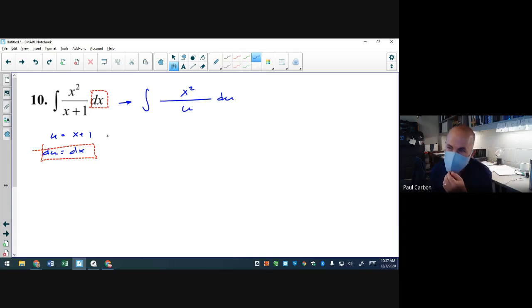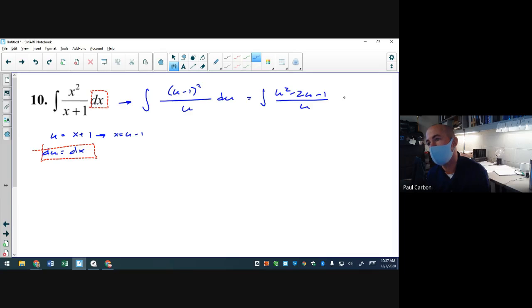But you could substitute U minus 1 in for X and make this U minus 1 squared, right? Now, to make this work, you're going to have to expand the numerator: U squared minus 2U plus 1, all over U.